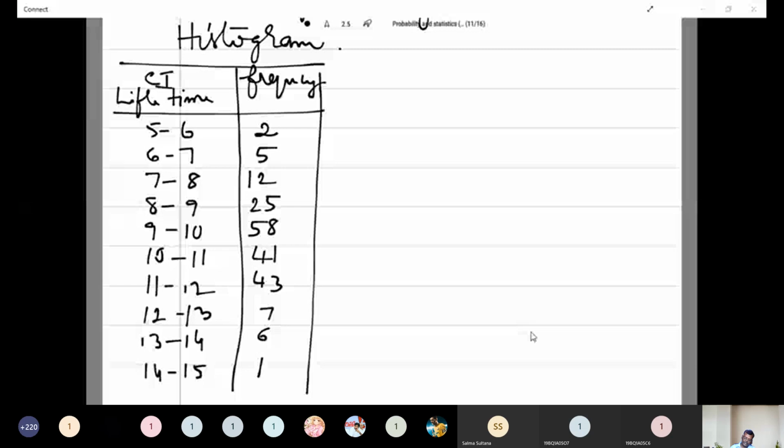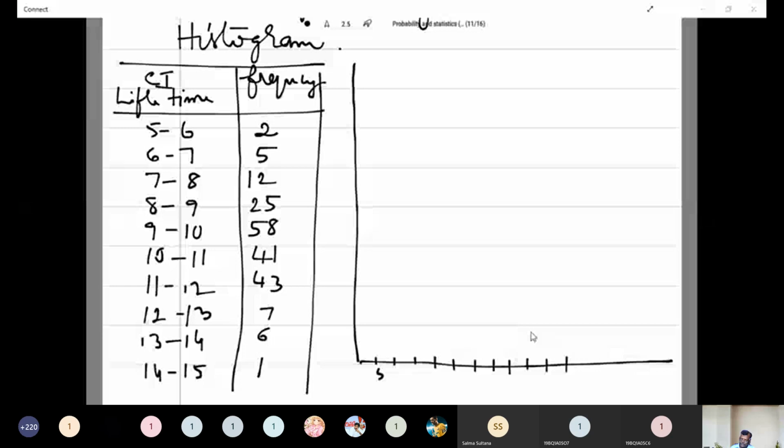We have to observe the histogram. Up to 15 we have to take on the x-axis, conveniently starting from 5. For convenience I am taking 5, 6, 7, 8, 9, 10, 11, 12, 13, 14 and 15.